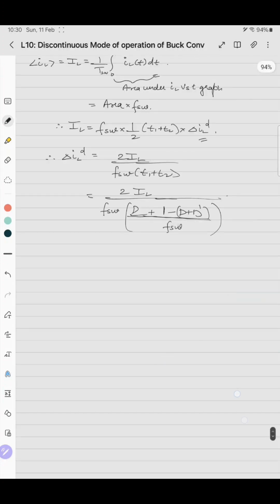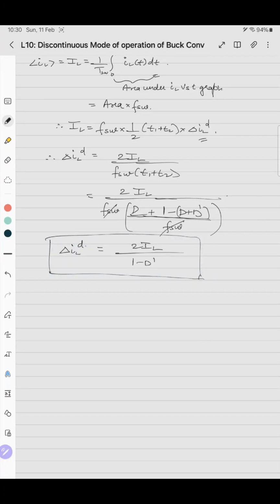The F switching gets cancelled. This is 2 capital IL by, so D minus D will get cancelled. So it is 1 minus D dash is delta IL of D. This we got from this expression.